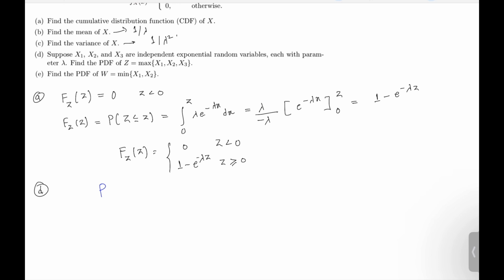So what is the cumulative distribution function of this random variable z? It is defined like this. We just want to find the probability that random variable z takes a value less than or equal to little z, right? And this is the CDF of this random variable z, right?